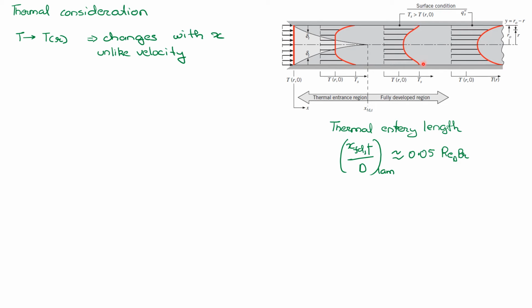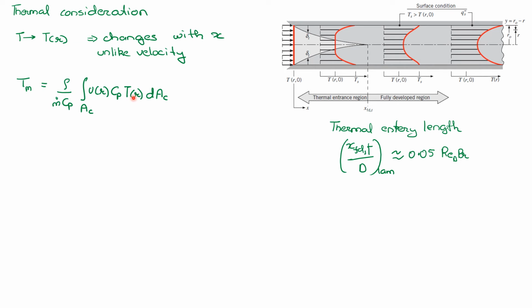So our temperature profile here is different than the temperature profile here, although we are in the fully developed region. That means that we cannot say that our T is just a function of r, because it's changing with respect to x, unlike the velocity, where for velocity our du by dx was 0.